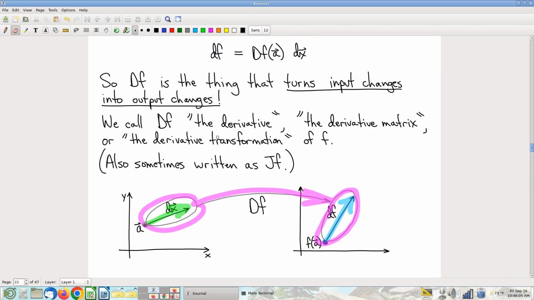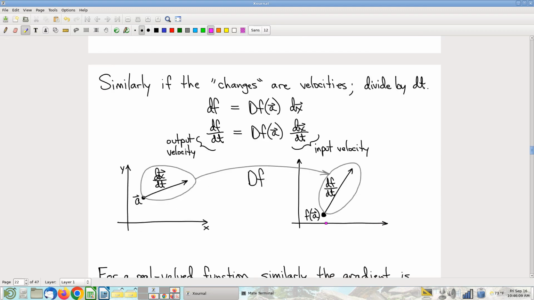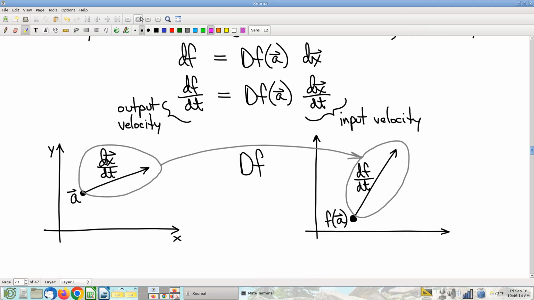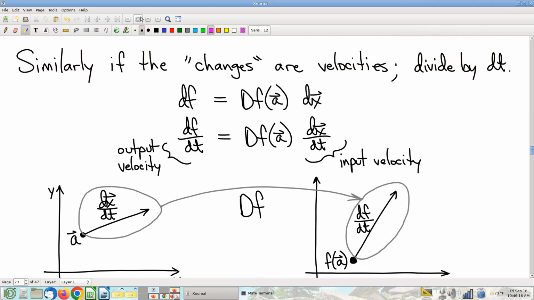But with that in mind, I do have a slightly preferred way to think about the derivative matrix, and that is this here. Just take the previous picture, divide by dt. And now, instead of talking about an input discrete change, now we have a rate of change, aka a velocity, right? And we have a rate of change of the output, aka a velocity.